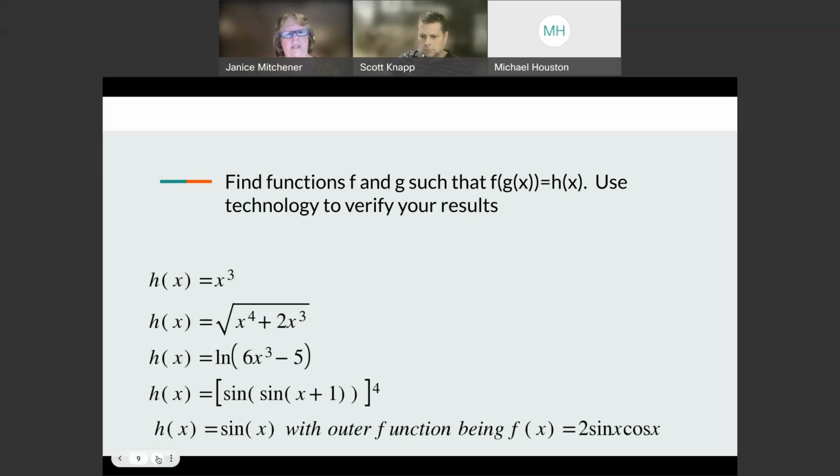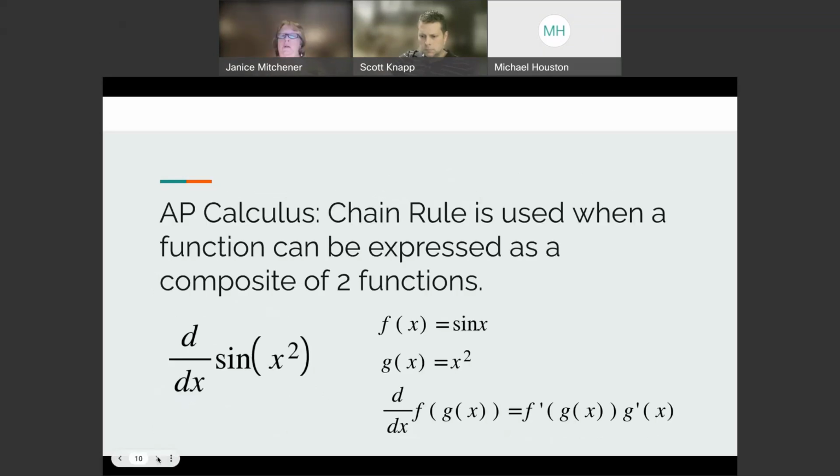Okay, so let's look at the tie-in with calculus. It is all about the chain rule. I tell you, my students, they look at that chain rule. I don't know about yours, but they kind of keep forgetting to take the derivative of the inner function. All right, so chain rule is all about composite functions.